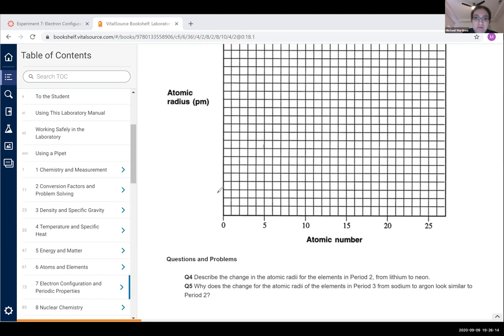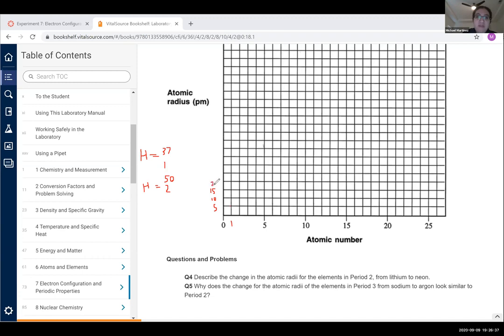Hydrogen has an atomic number of 1 and a radius of 37. Helium has an atomic number of 2 and a radius of 50. So I'm going to make my graph.